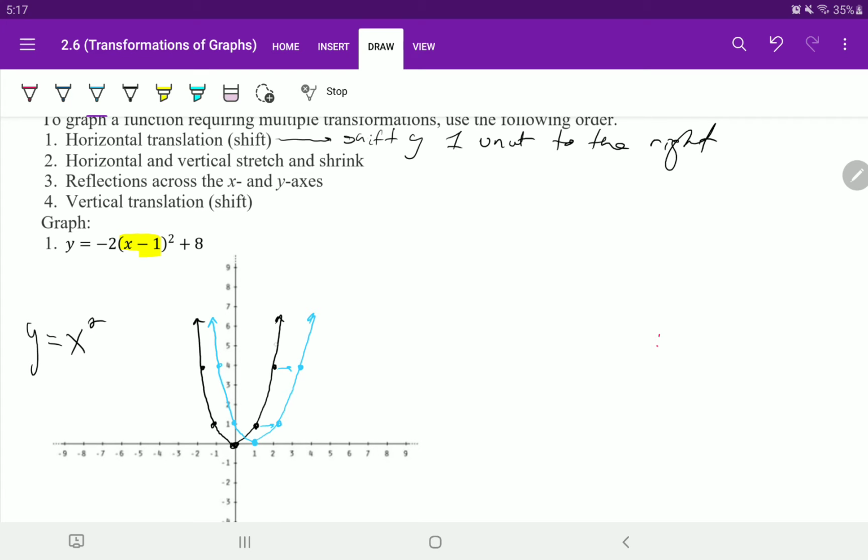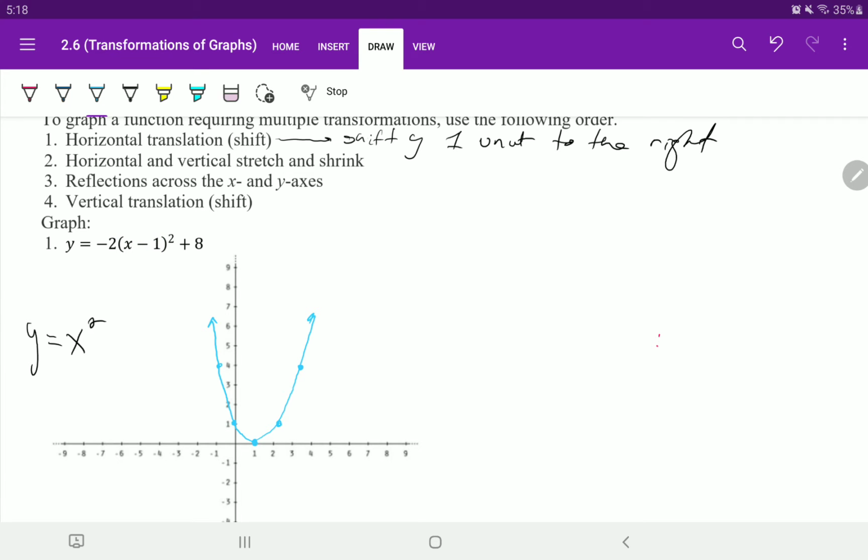Okay. I'm going to now erase the parent function. Next, we want to try to identify if there is any sort of horizontal stretches or shrinkage. If there is a horizontal stretch or shrink, there is a value that's being multiplied to the variable x.